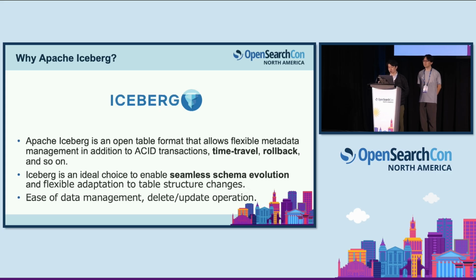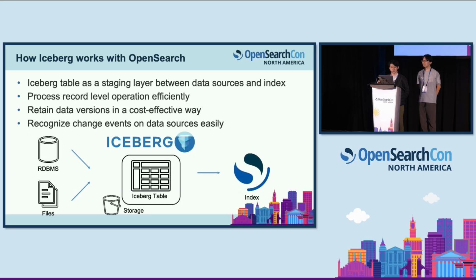Iceberg tables can change schema, like adding columns or renaming columns, with object storage. This is because of the table data structure, which is efficient and adapts to these operations flexibly, and Iceberg can also easily update or delete at the record level. So let's go deeper.